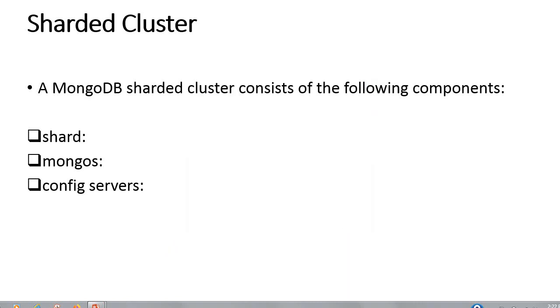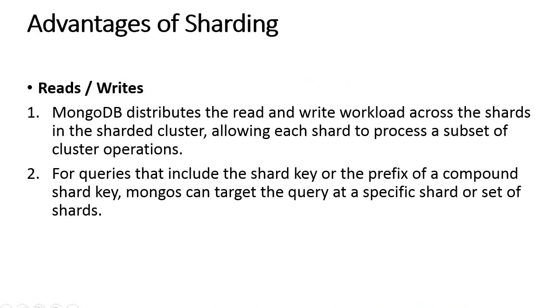There are various advantages of sharding. The first advantage is read and write. MongoDB distributes the read and write workload across the shards in the sharded cluster, allowing each shard to process a subset of cluster operations.